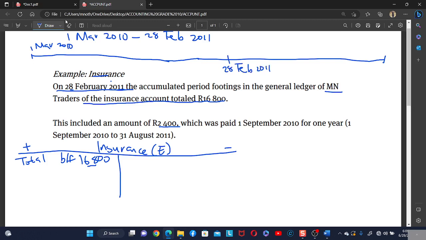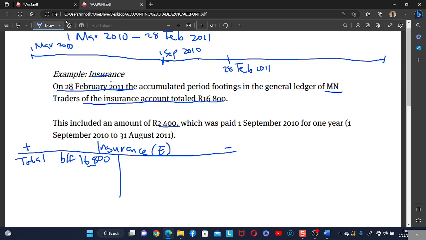They're saying that this was paid on 1 September 2010. So 1 September is maybe going to be here. So this 2,400 was paid here, and they are saying it is for 1 year. So it was paid on 1 September 2010 for 1 year.